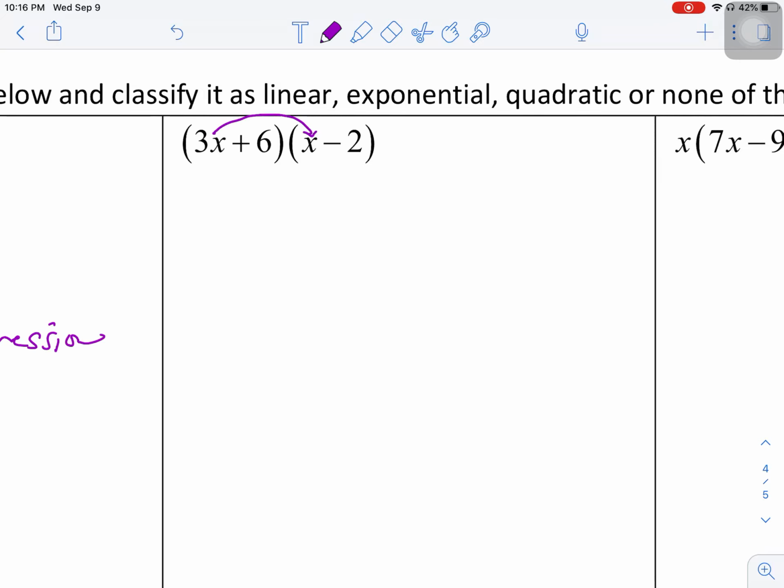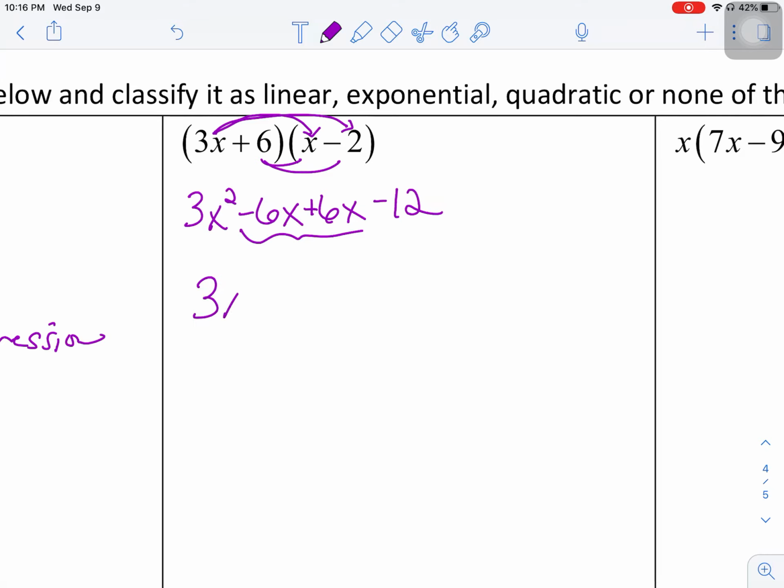So we're going to take 3x times x, so 3x squared. 3x times negative 2, negative 6x, positive 6x, and minus 12. So these two terms are like. So 3x squared, negative 6x plus 6x is 0. You don't have to add 0 to an expression. Let's see, minus 12. So the expression is simplified.